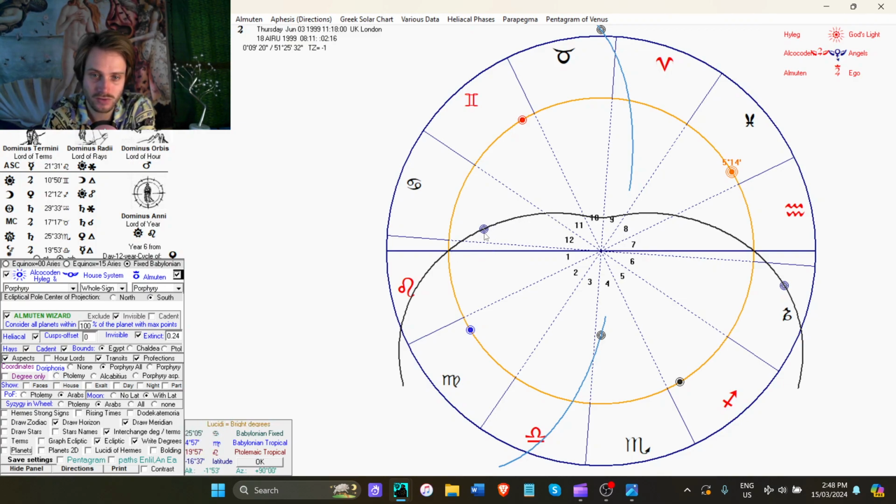So this is the southeast horizon here, because the sun rises in the east. Everything rises in the east, right? So the ascendant, or the rising sign, is at the point exactly east.